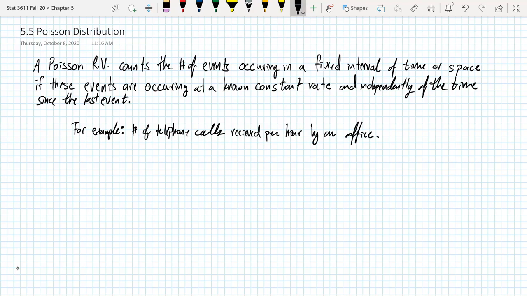All right. In this sense, we'd assume if in a particular hour an office got 10 phone calls, that's not going to affect the average number of phone calls they would expect to get in the next hour. So if for some reason one hour they got 30, they're not going to expect to get 50 the next hour, or less or more. If the average is 10, then they expect to get 10, for example, right?